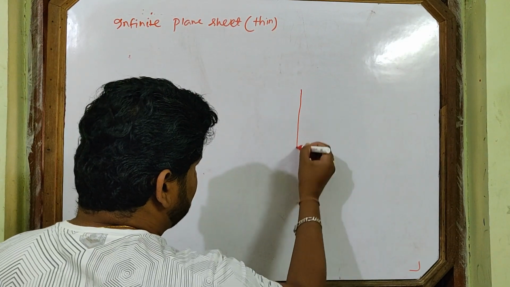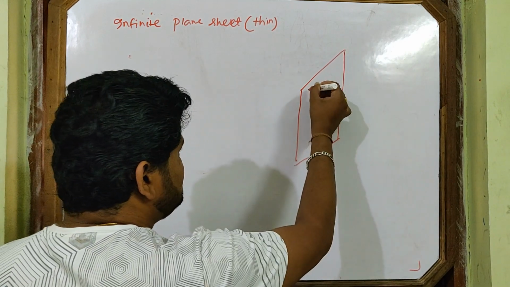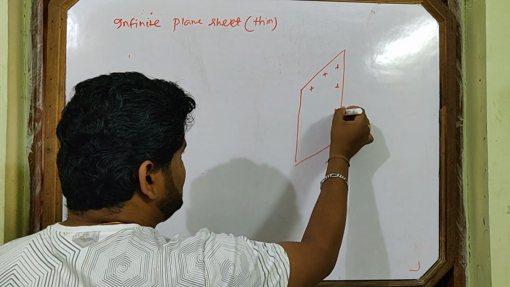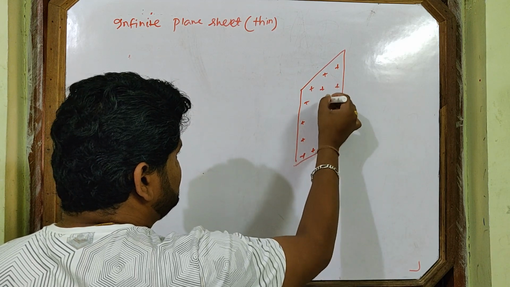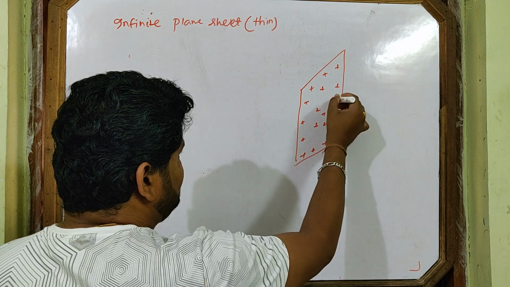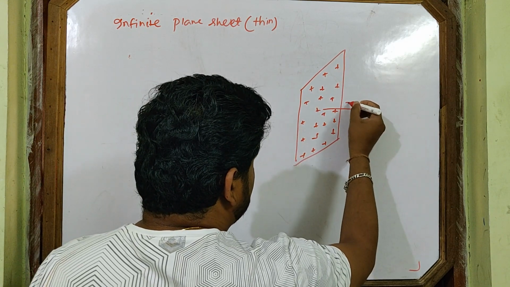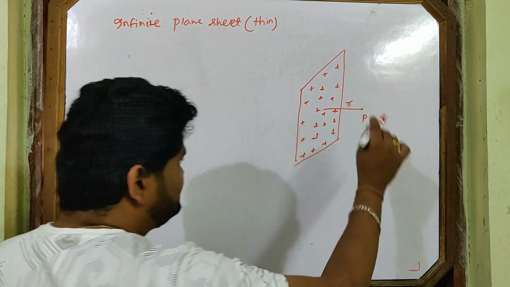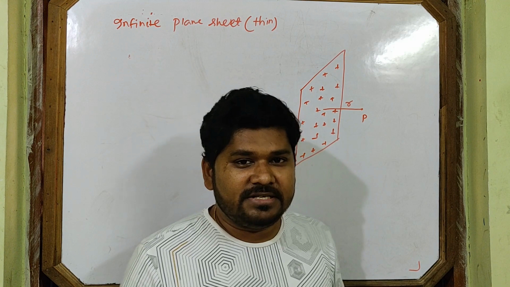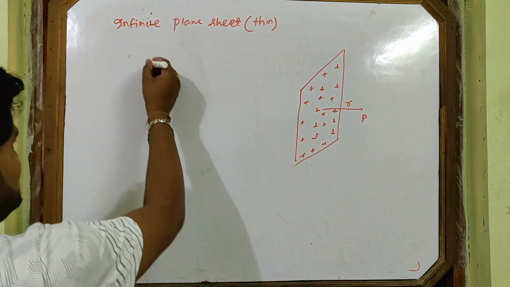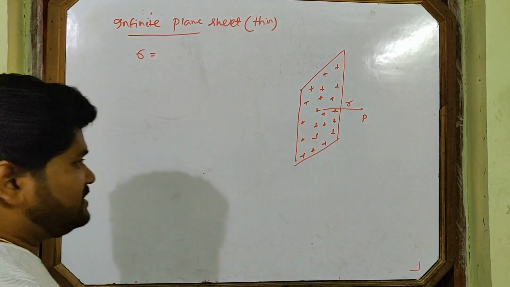Now let's consider one plane sheet. It has many charges on it and extends up to infinity. We will find the intensity at a distance R at point P. Similarly, we will consider surface charge density. Sigma is the surface charge density here.